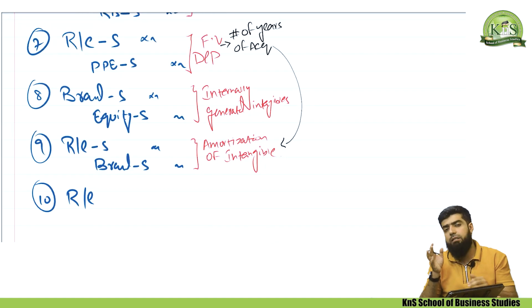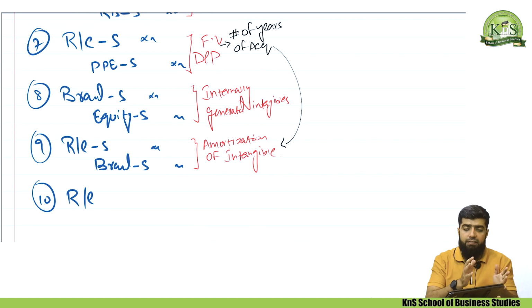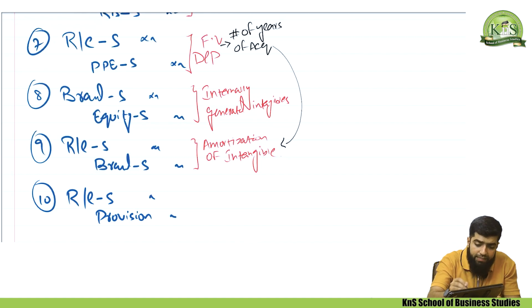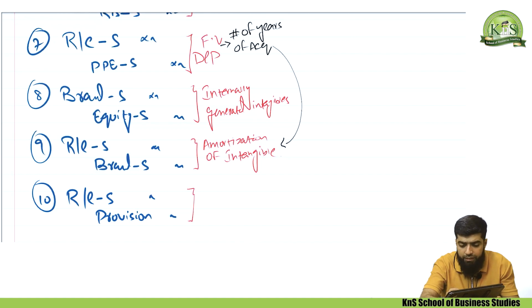Expense debit and provision credit. But in the balance sheet, the impact will be on the retained earnings side. It means retained earnings of a subsidiary company will be debited and provision will be credited. This adjustment is related to the contingent liability. As per IFRS, it will not be further recorded as a contingent liability.